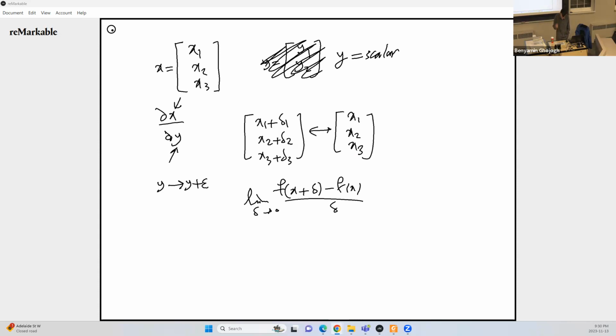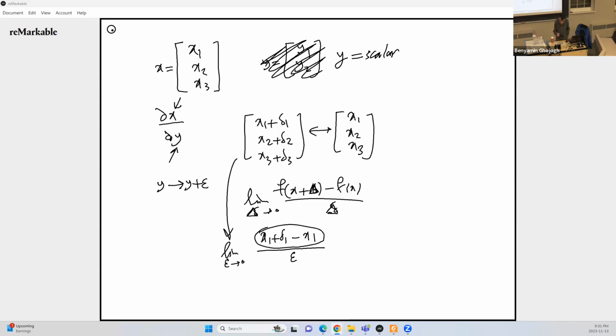So in our case, let me denote it with another notation. The derivative becomes x1 plus delta 1 minus x1, so the numerator becomes delta 1, over epsilon, where epsilon goes to 0.